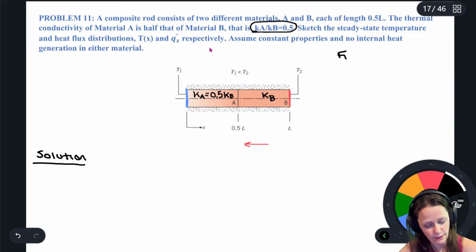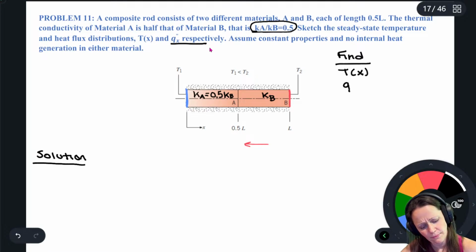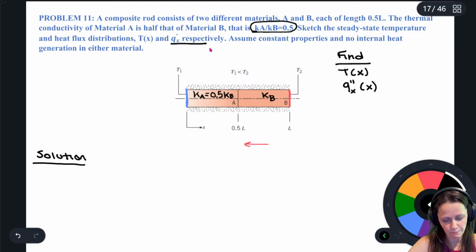They want us to get the temperature distribution, and also the heat flux as a function of x.